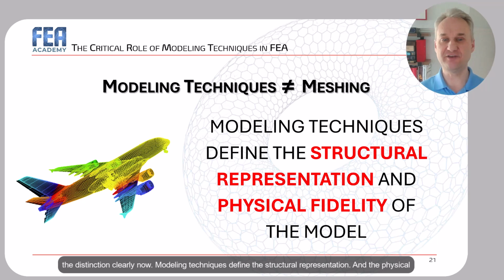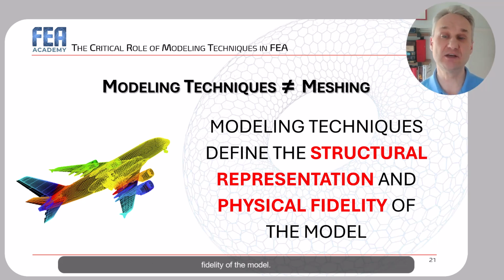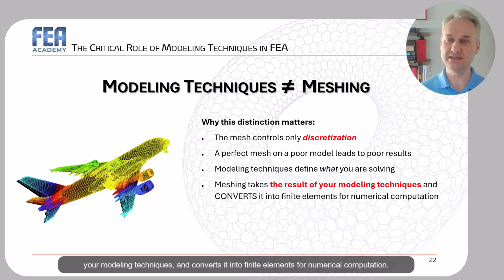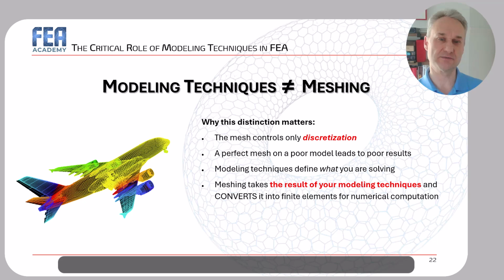Modeling techniques define the structural representation and the physical fidelity of the model. Meshing, on the other hand, is about discretization. It takes the already decided model, the result of your modeling techniques, and converts it into finite elements for numerical computations.